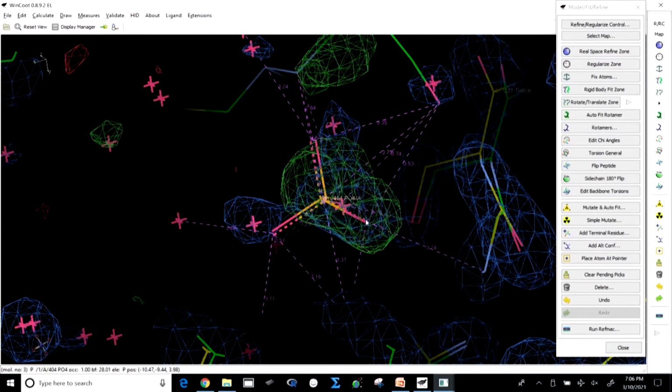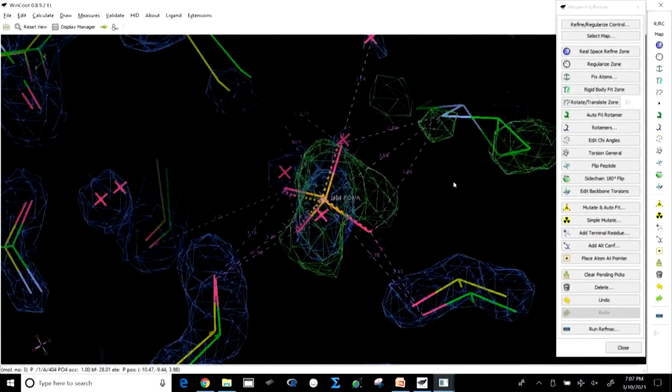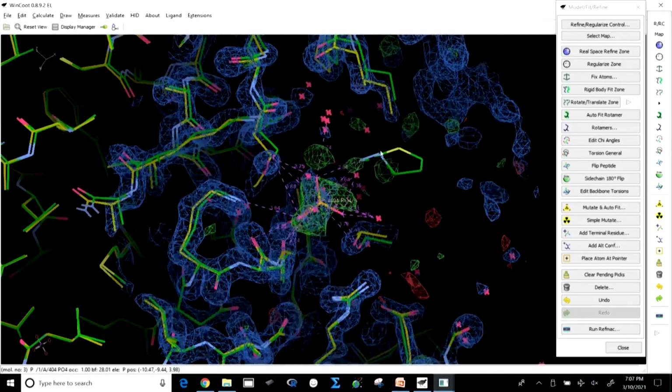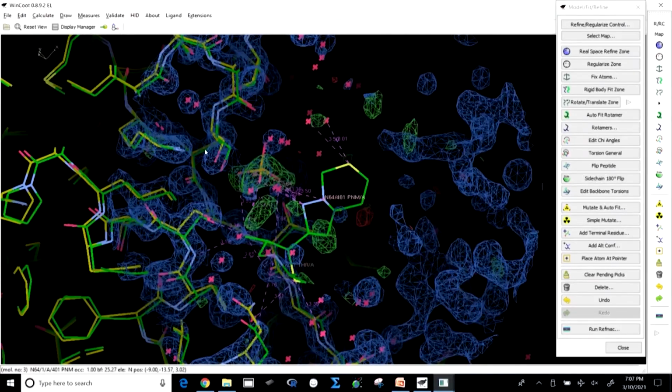So, the phosphate was not correctly modeled in the first structure, the apostructure, and that is why there is a big green density. You could also see that the phosphate is moved. The movement is because this phosphate is very close to the substrate. So, when the substrate comes, it pushes the phosphate, and the phosphate has a nearby conformation, the same position, but a little bit moved.